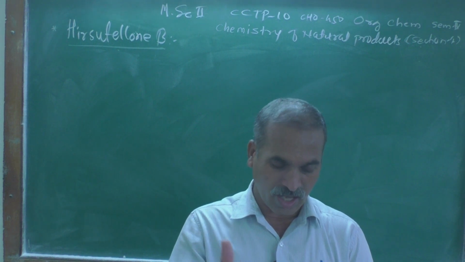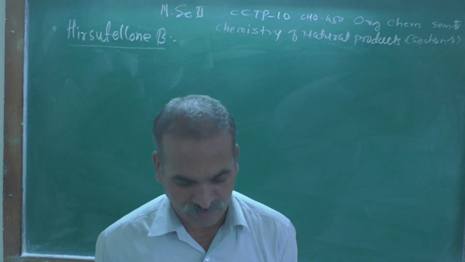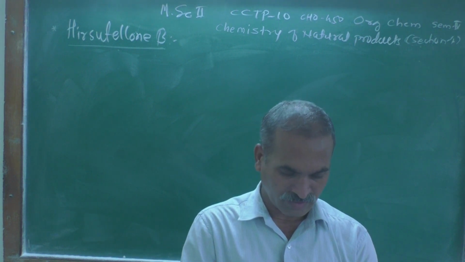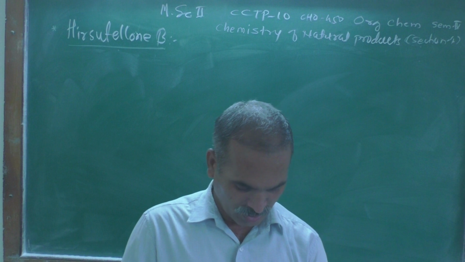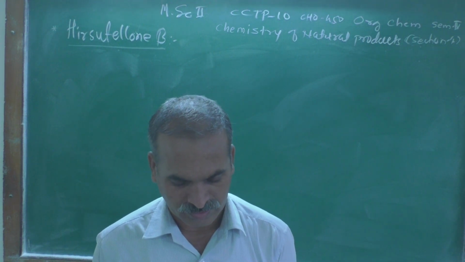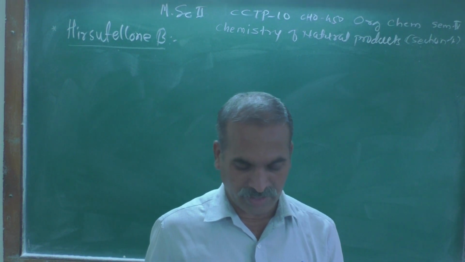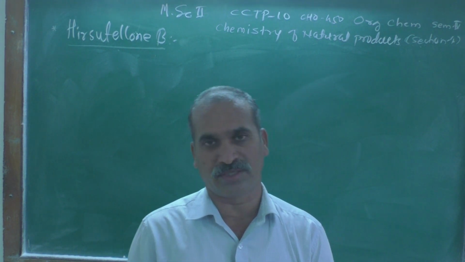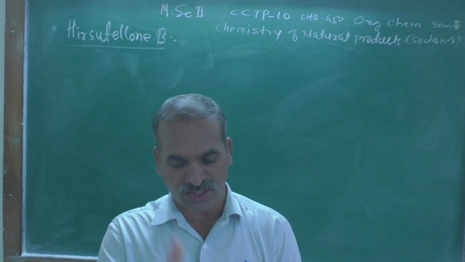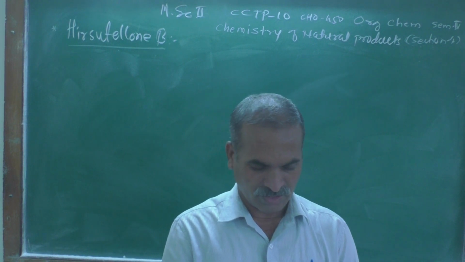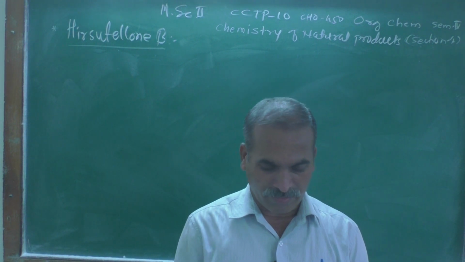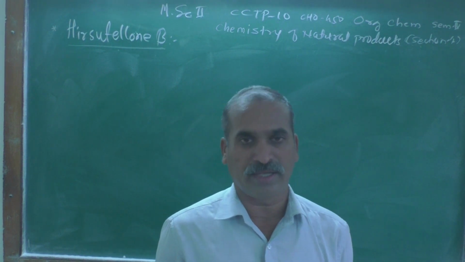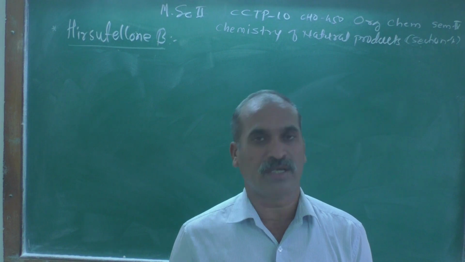So the Stork-Zhao olefination of 7 with phosphorane Ph3P=CHI, which is a modified Wittig reagent or stabilized Wittig reagent generated from Ph3P+CH2I and KHMDS.